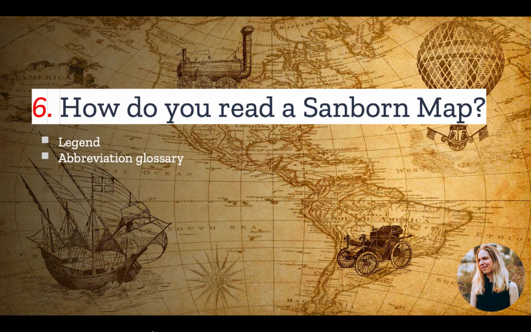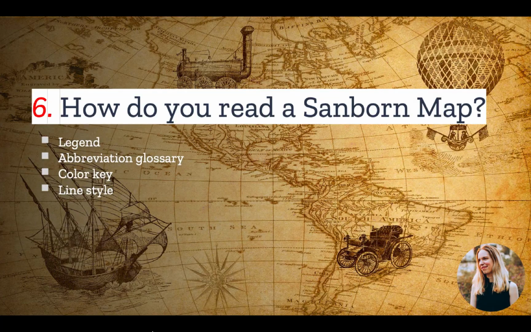This glossary is a list of abbreviations and obscure terminology that may be found on Sanborn maps. In addition, the Library of Congress provides a color key that lists out what the different colors on Sanborn maps indicate. Finally, the Library of Congress has a line style guide, which provides information on the different line styles used on Sanborn maps.